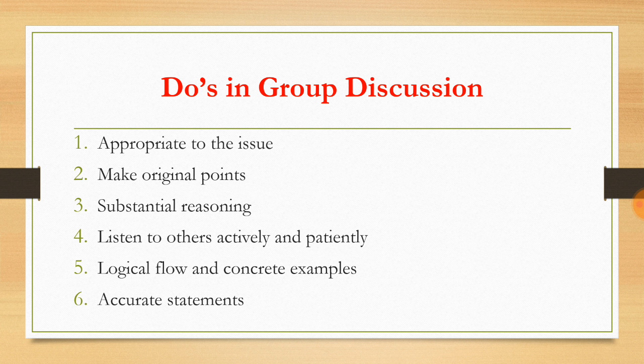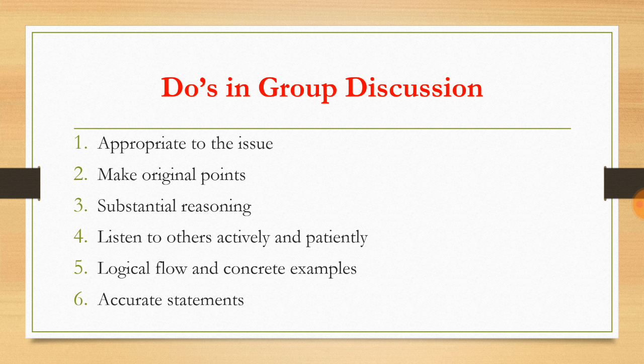People understand the person very easily. So you should make your statements in such a way that the listeners will understand you. There should not be any confusion or doubt in the minds of the listeners. Your statements should not be vague or complex, and should not make the other members of the group confused.